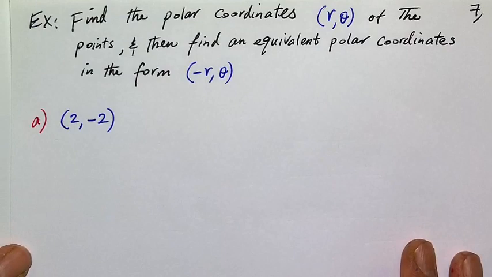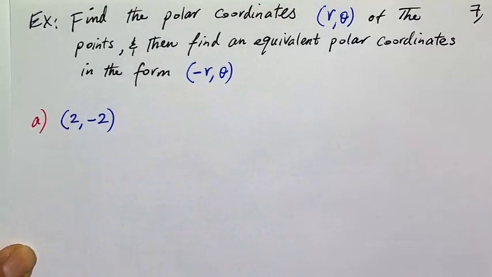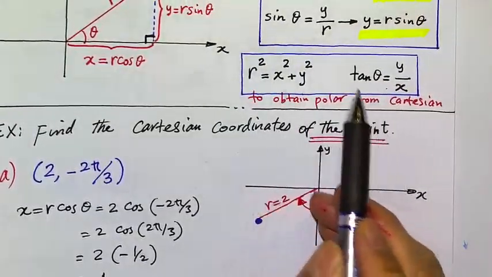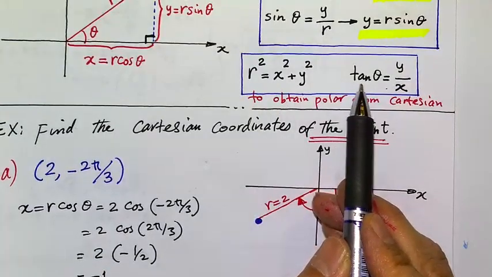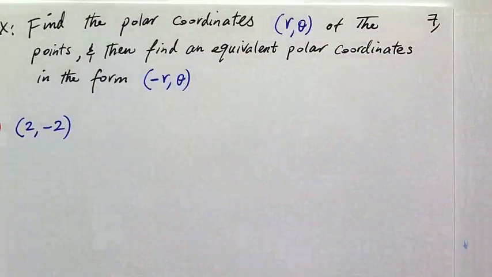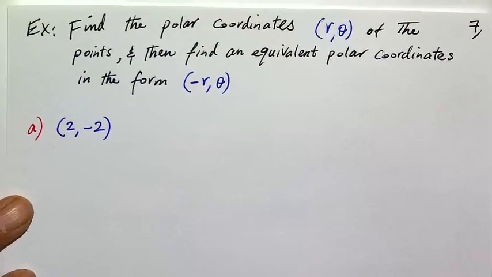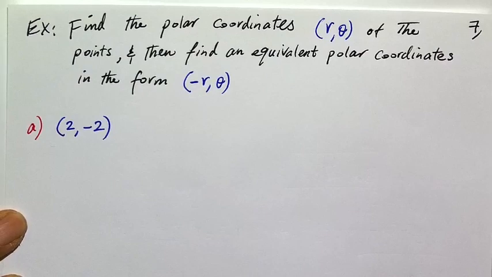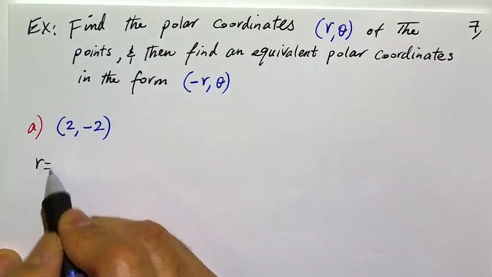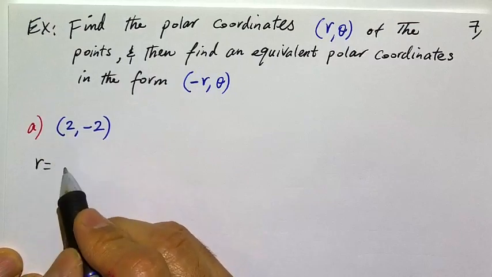Okay, so the formulas that we had, maybe I should just refresh your mind. It should be right here. So these are the formulas for converting to obtain the polar from Cartesian. Just remembering that theta would be the inverse tangent of that. All right, so we have r squared is equal to x squared plus y squared.